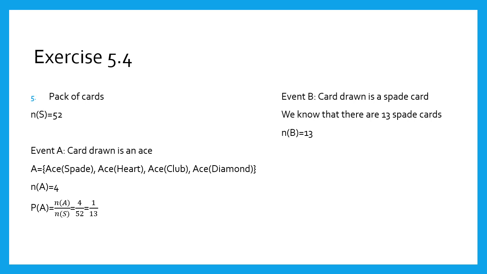Write the formula to find the probability of event B. P(B) = n(B) / n(S). Place the values of n(B) and n(S). We get P(B) = 13/52. Reduce it to lowest form, we get P(B) = 1/4.